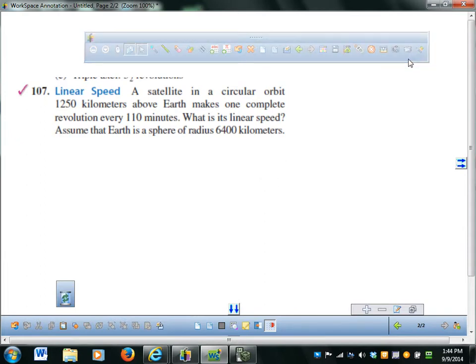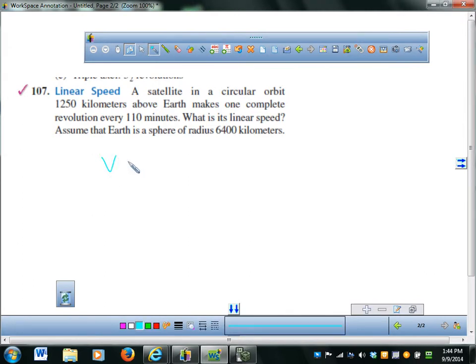So the formula that we have for linear speed in the book, they use V, and that's equal to S, which again is the arc length, over time.